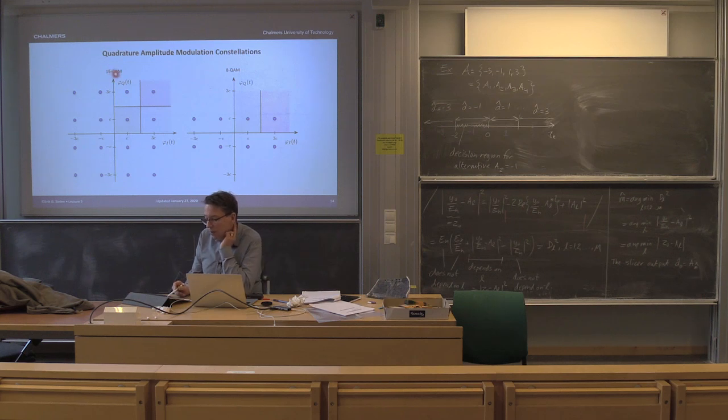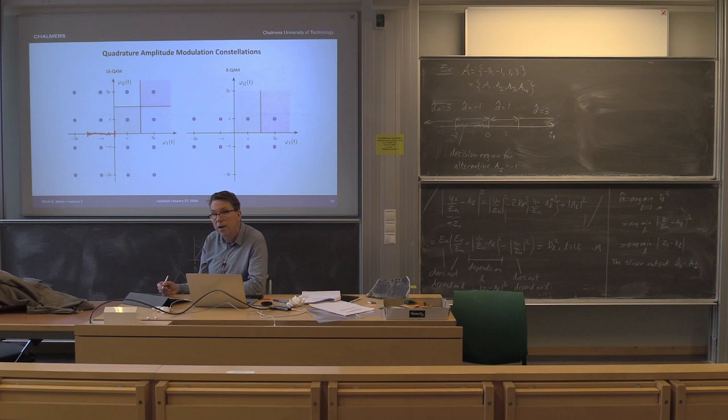These are known as quadrature amplitude modulation, or QAM. The constellations now, instead of being along a line, are in the plane like this. So here are our signal points. And then we have decision regions now, which are not only, what should we call it, a PAM decision region would be between these points, right?